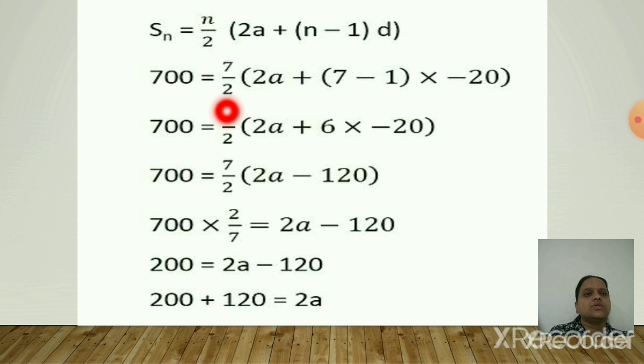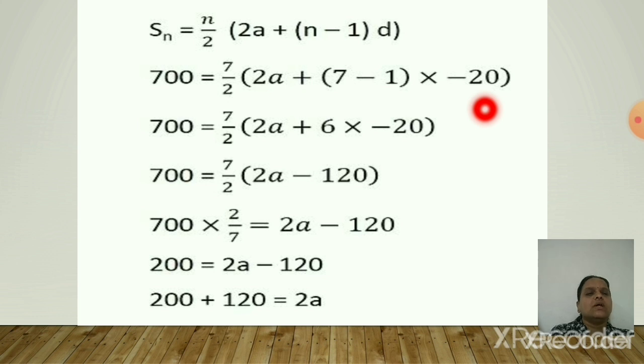So 7 by 2, in the bracket 2a, because we want to find each cash prize. The a value is not given, so keep it as a only, plus n minus 1, that is 7 minus 1, into minus 20, because it is 20 rupees less than the preceding. So it is in decreasing order.